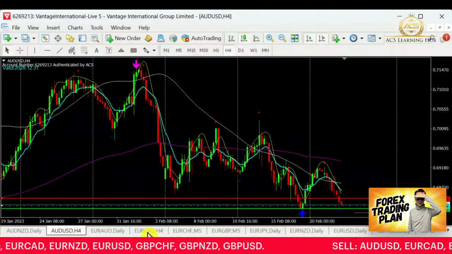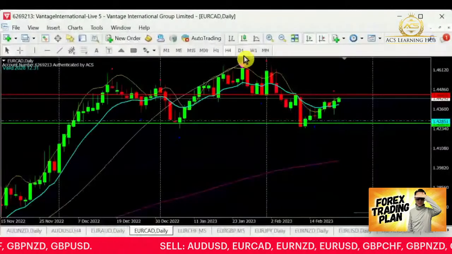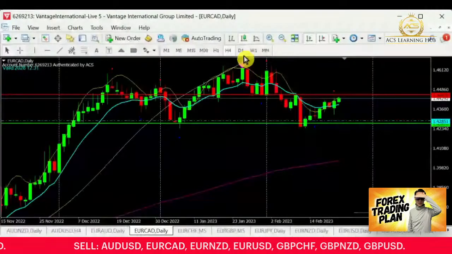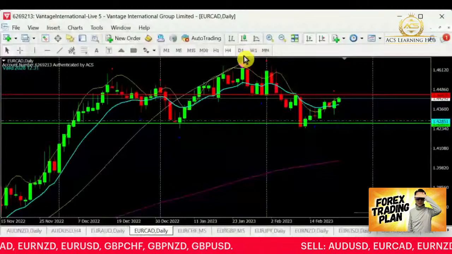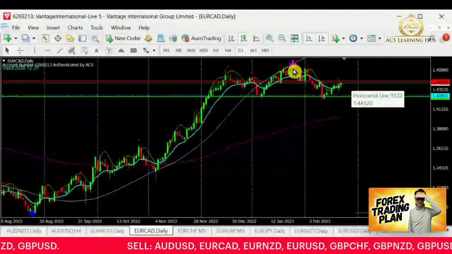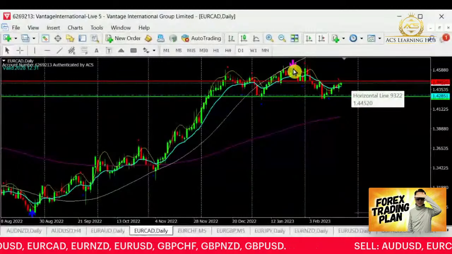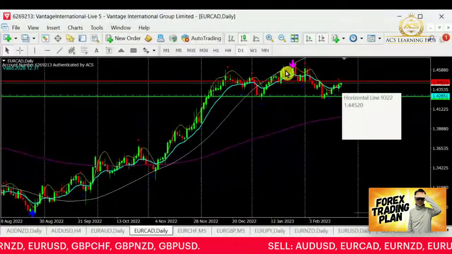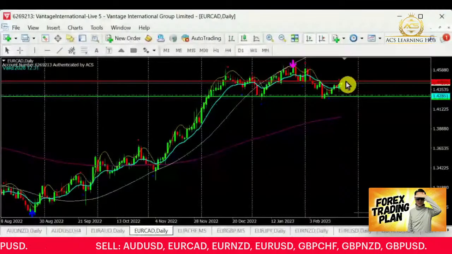All right, so for EURCAD, let's take a look. The selling, actually resistance over here. After reaching the resistance, if the resistance is able to hold, then we will see another selling down to take this support.